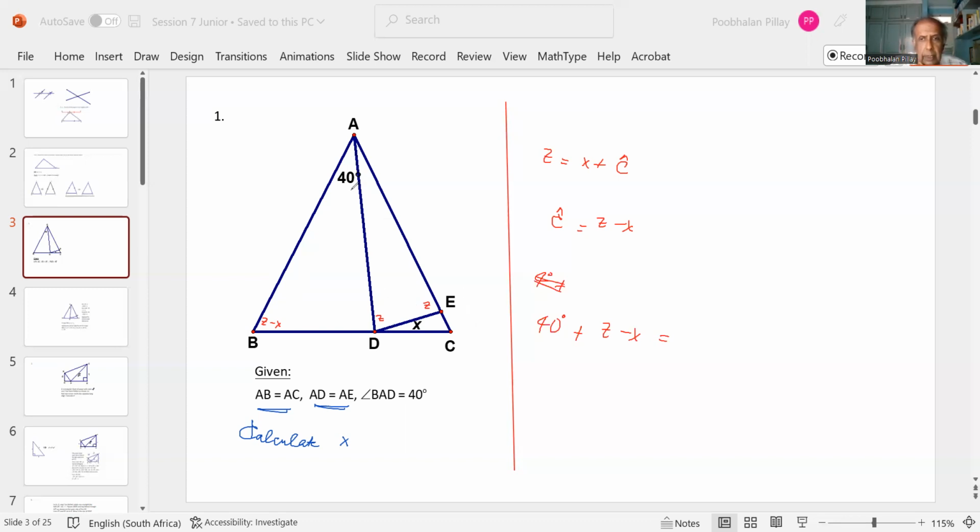Right? There it is. And the exterior angle is that one. And you can see the exterior angle is the sum of these two angles, Z plus X.